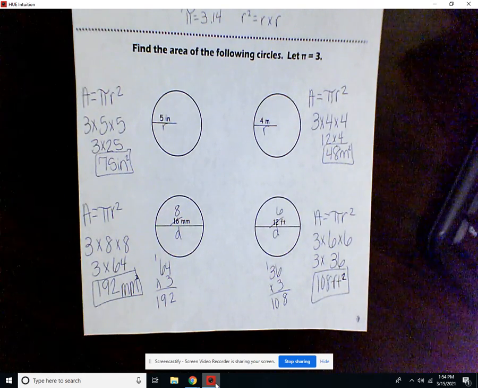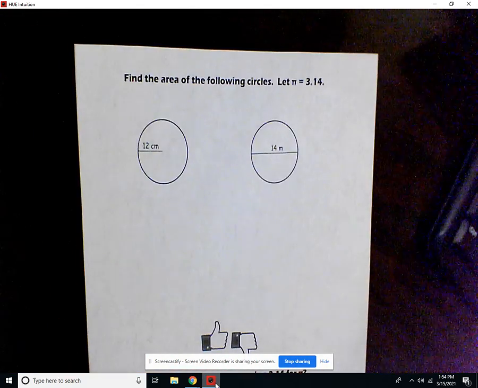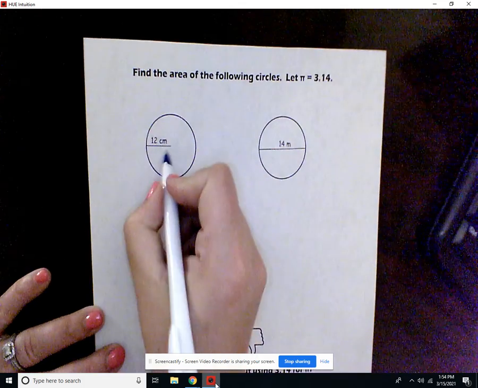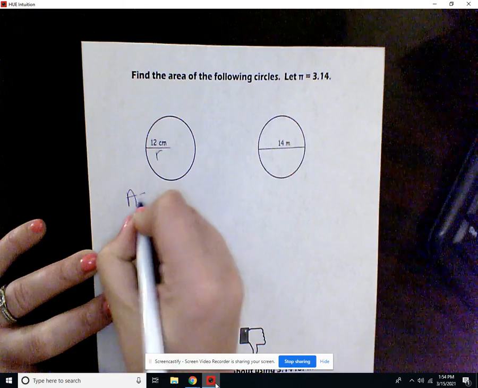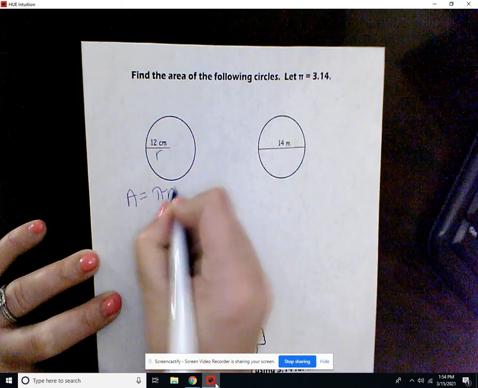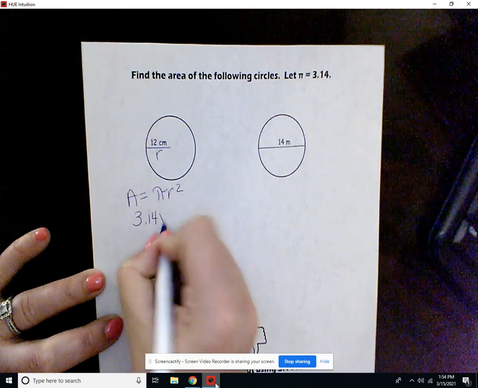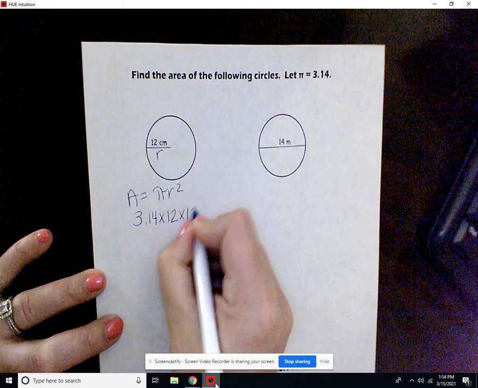All right, so I'm going to flip it over on the back. On this one, pi is going to be 3.14. Again, we've got to identify, is it a radius or diameter? This 12 represents a radius. So we start with our formula, A equals pi r squared. Pi is going to be 3.14. And since 12 is a radius, we're going to write it down twice.